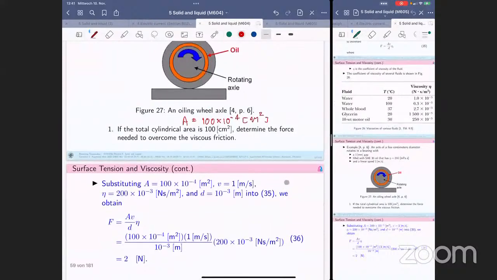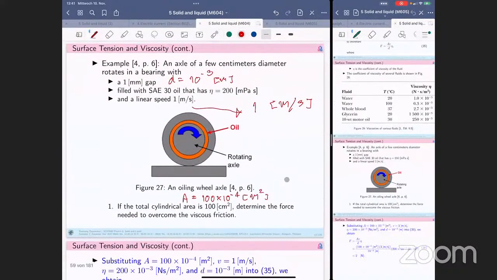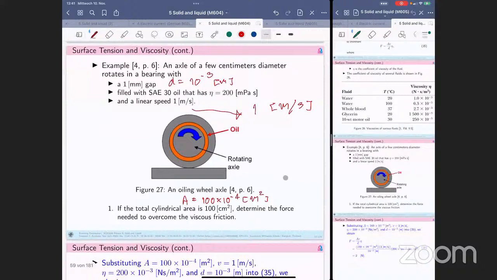Now it's time to compute. Oh my God, no, it's milli, it is not meter. So we have to multiply it by 10 to the power of -3, right? Because it's milli. Pascal times second corresponds to this one, right?